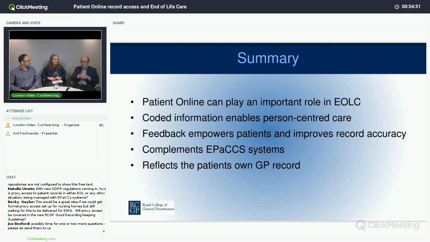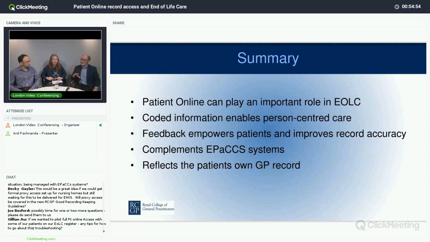It can even include third-party confidential data. For example, a diagnosis, and somebody told me about this. You really need to be sure before you give record access, and this is one of the details we haven't talked about, that you've checked the record to make sure there is no information in that record that's confidential to a third party that the patient really hasn't got a right to see.